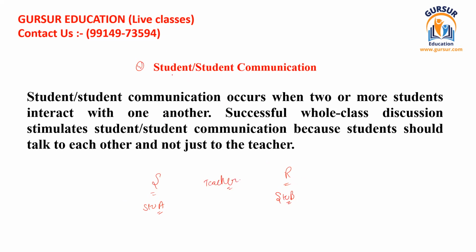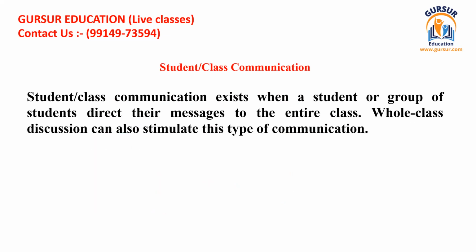Student-student communication occurs when two or more students interact with one another. It is said that successful whole class discussion stimulates this kind of communication. So that was the fourth kind of communication held in the classroom.